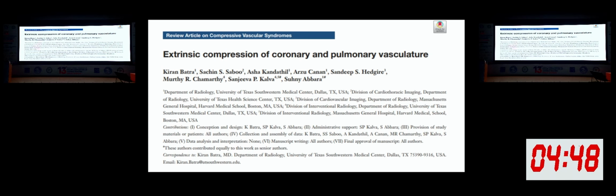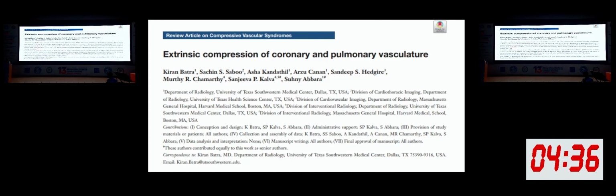The compression can also be of the LAD, so it's important to look at both these vessels. It's not only the angle, but we also report the cross-sectional area of the vessel. When you have multiple phases in the cardiac cycle, we look at the phase where the cross-sectional area is minimum, and then report that in our report.